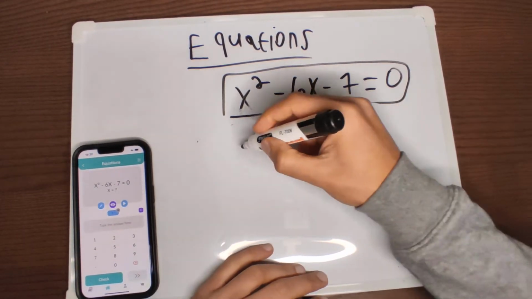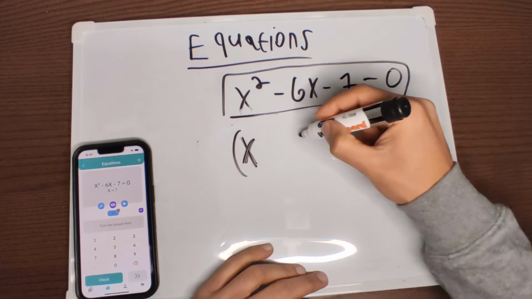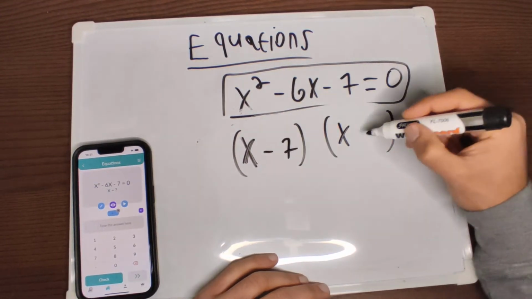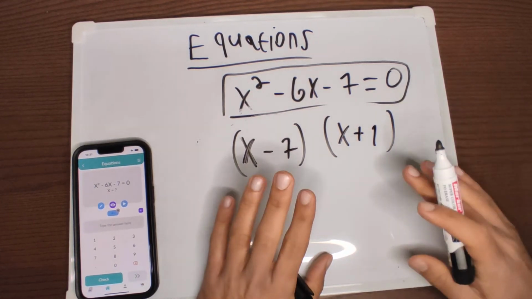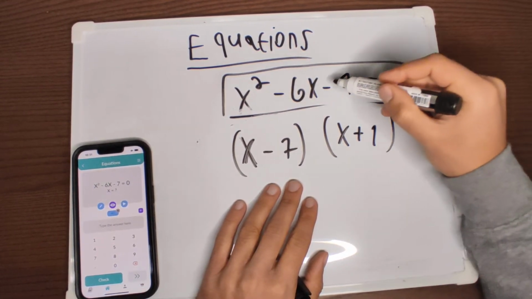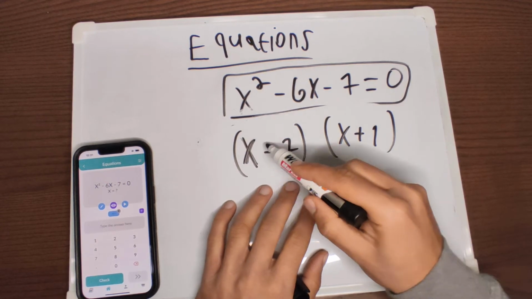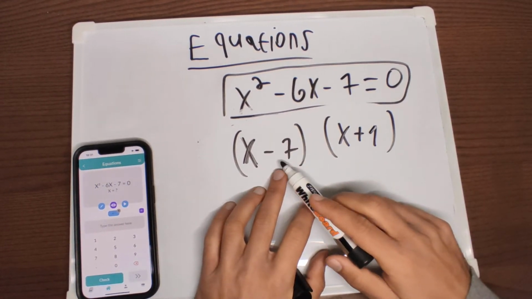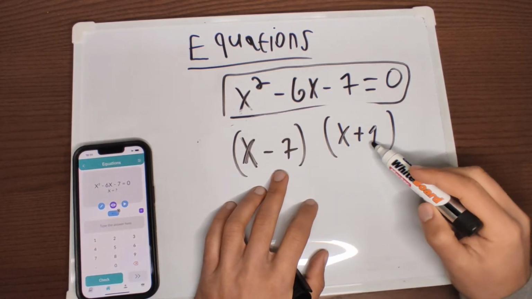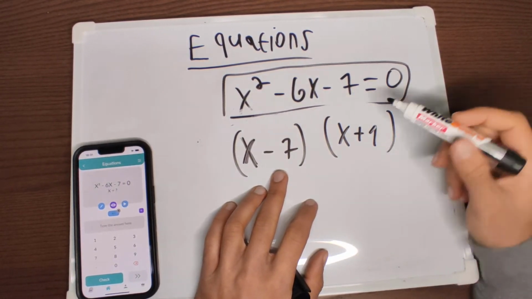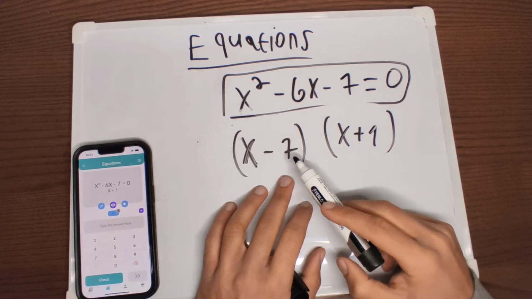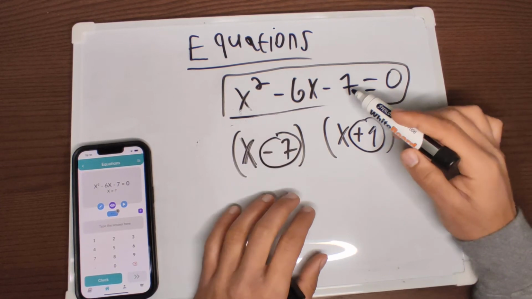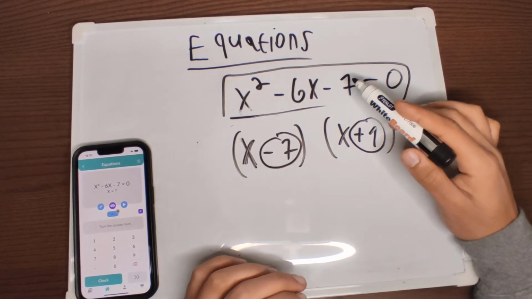So actually, let's write it down again. Okay, so we can see that the minus 7 here is coming from the minus 7 here multiplied by 1. So minus 7 multiplied by plus 1 results in minus 7. So we know that this number times this number must result in this number.